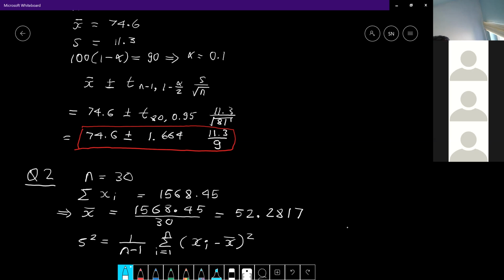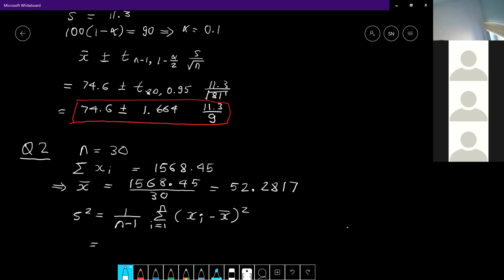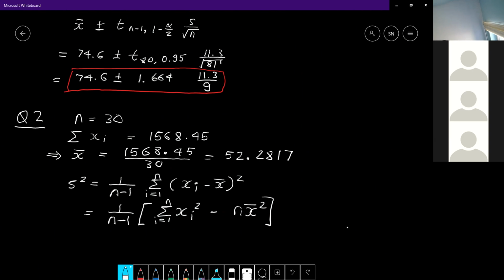I think I showed you in one of my lectures before the break that you can write another formula for the sample variance as the following. Okay, this is another formula for sample variance.